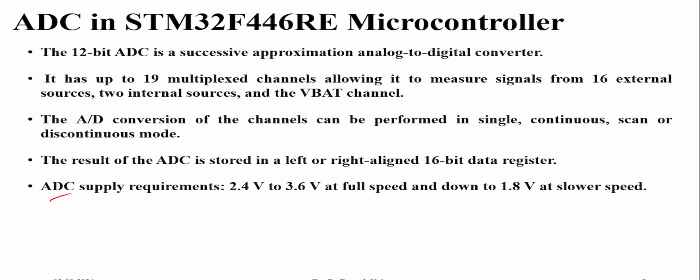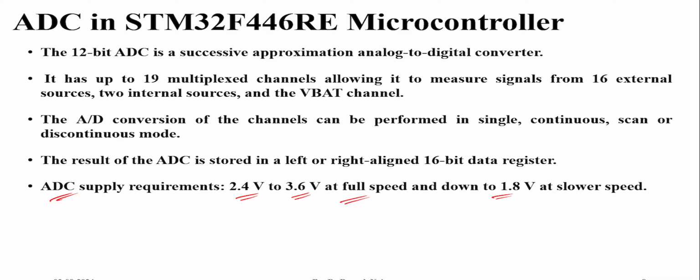The ADC in the STM32F446RE microcontroller requires 2.4 volt to 3.6 volt for full speed, and it can be provided with 1.8 volt for slower speed.